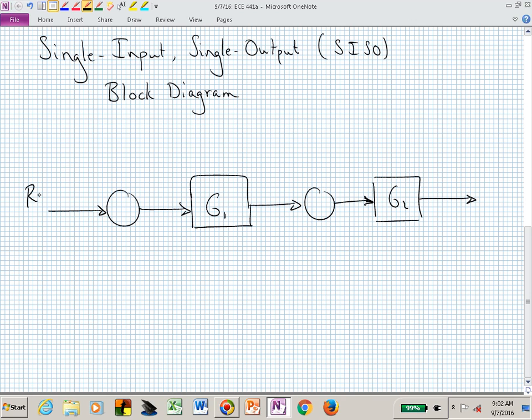Here is our reference input. The circles are summing junctions. And the blocks are typically some kind of system or subsystem's transfer function.